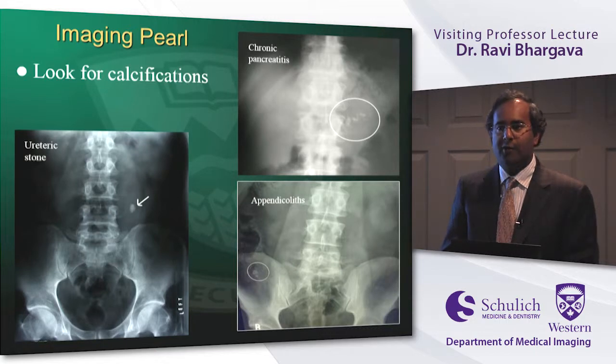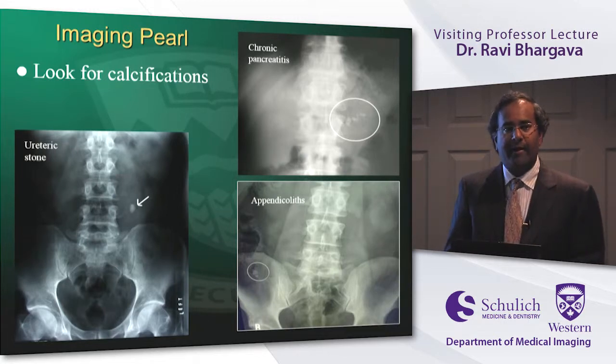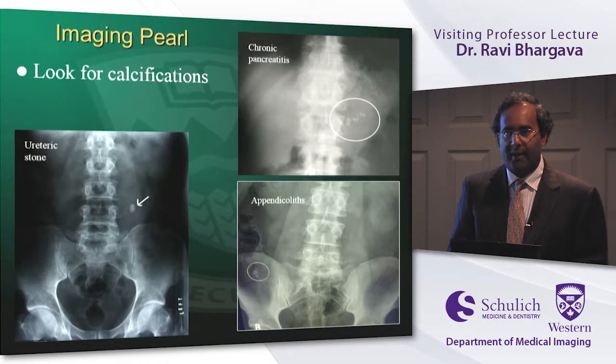But the one that I really want you to look for is appendicoliths. Appendicoliths are actually relatively common in pediatric appendicitis, number one. And number two, they're very easily missed. The reason they're missed is because they often overlie the sacrum and the sacroiliac joint, and it's very difficult to perceive them.